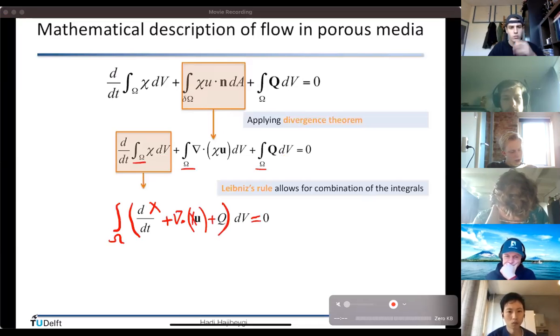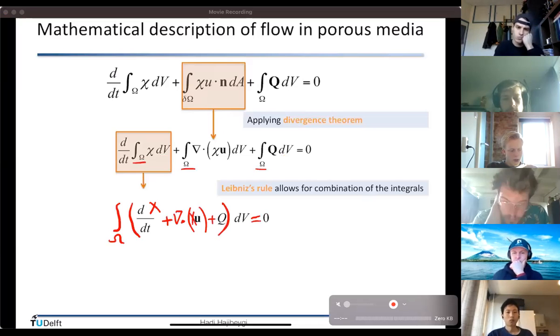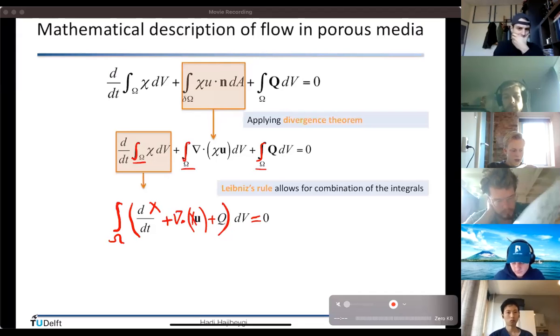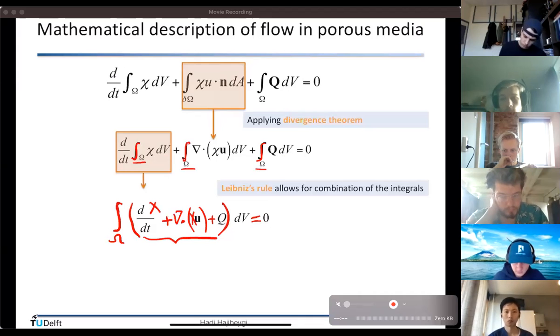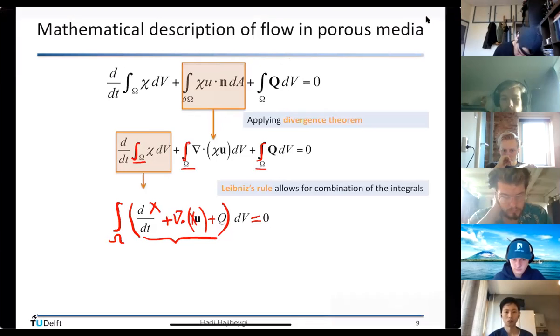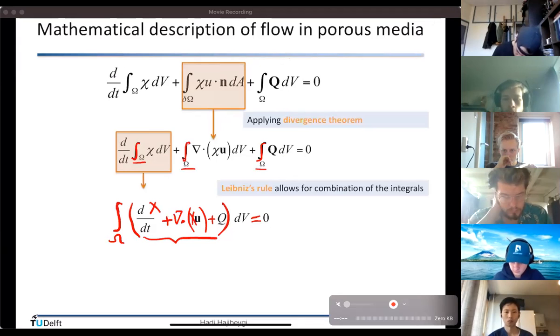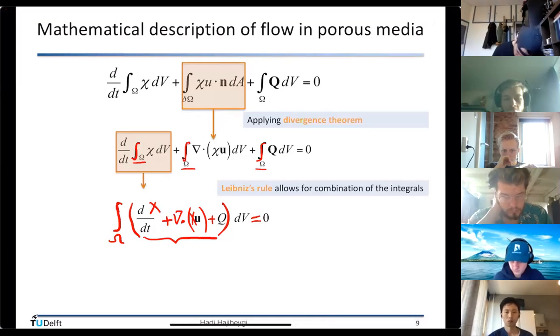This way, I have collected all these integrals. I have factorized it and put it all in here, and then I have all of these in one part. If the integral of something is 0 for any dv, for any volume, then naturally you are going to have one property here.